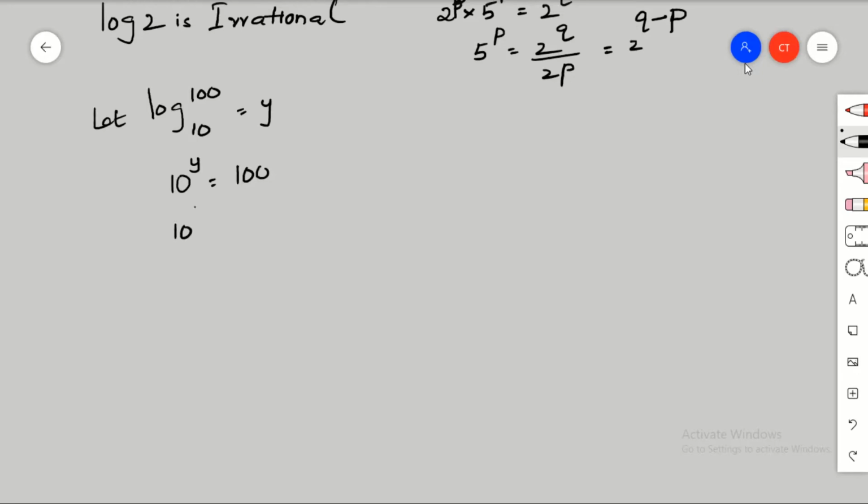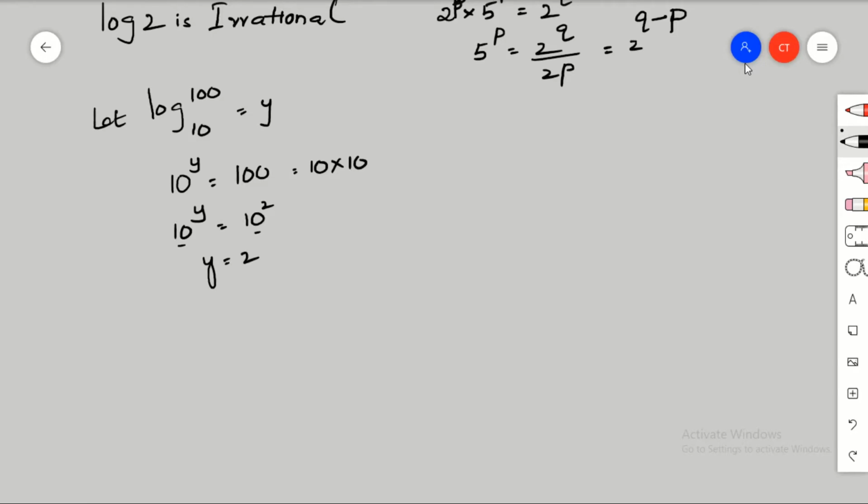So this 10 power y is equal to, I can write this 100 as 10 into 10. 10 into 10 is nothing but 10 square. So here you can observe that bases are equal on both sides. Then the powers should be equal. Then y value is equal to 2 directly.